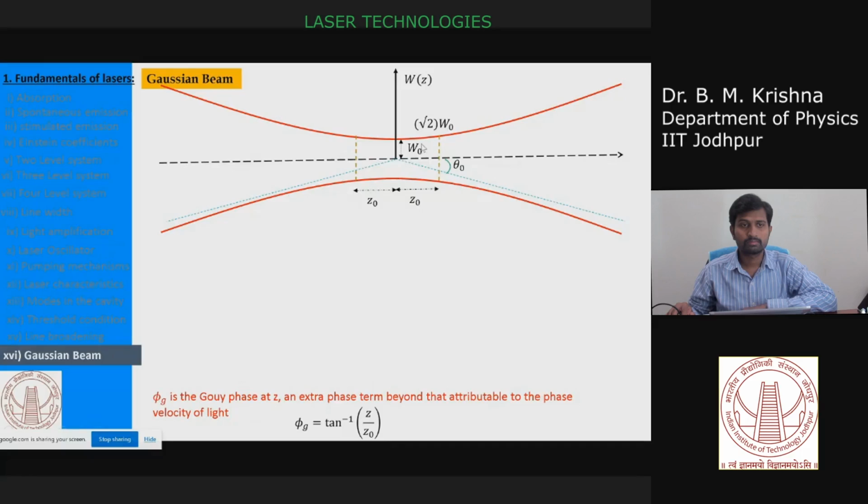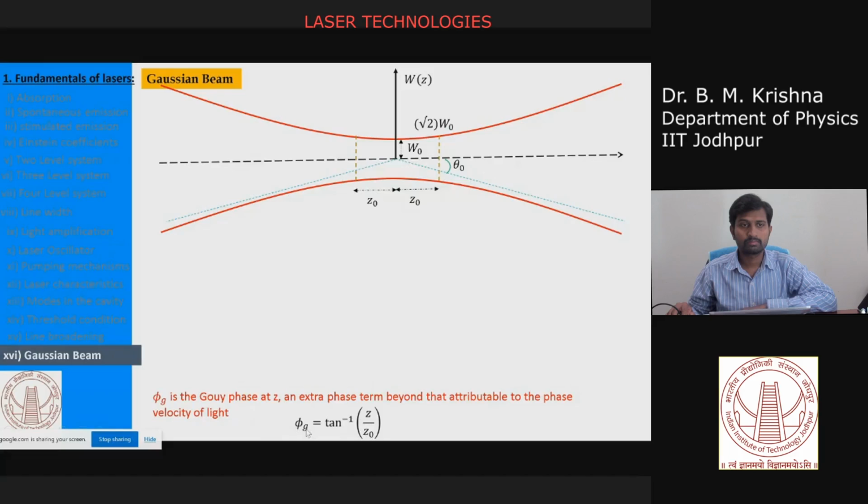This phase retardation that appears is called the Gouy phase. As you propagate along the z direction, at the focal plane your phase velocity dominates. As your phase velocity dominates, a phase retardation appears. That phase retardation is defined as the Gouy phase.